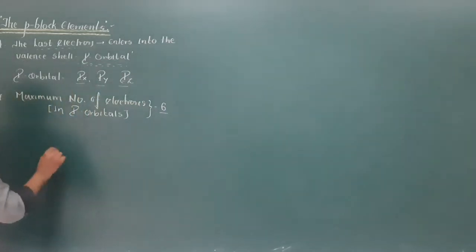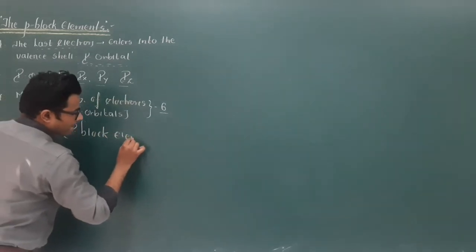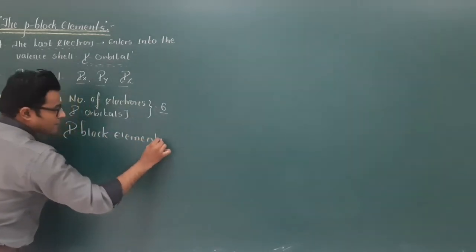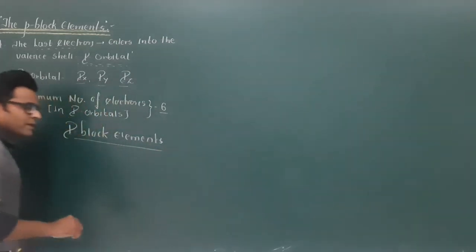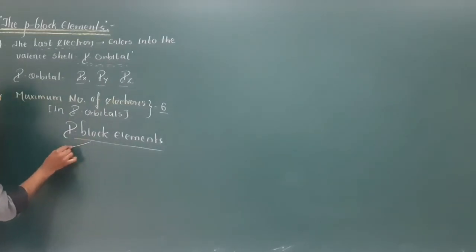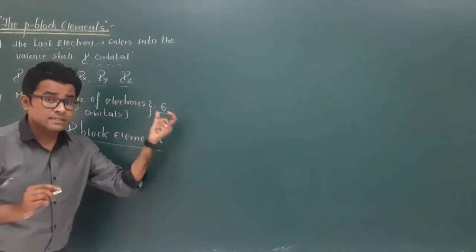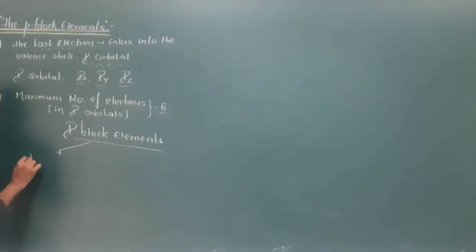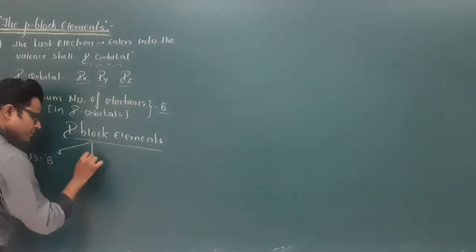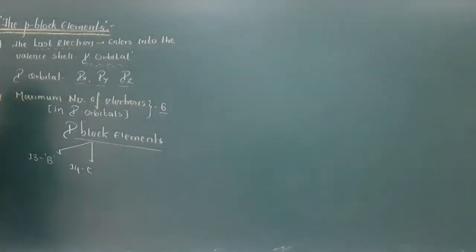So therefore, these p block elements are categorized into 6 different groups, because they have a tendency to accommodate 6 electrons. It all starts with group number 13, which we call the boron family. Further, we have group number 14, the carbon family.